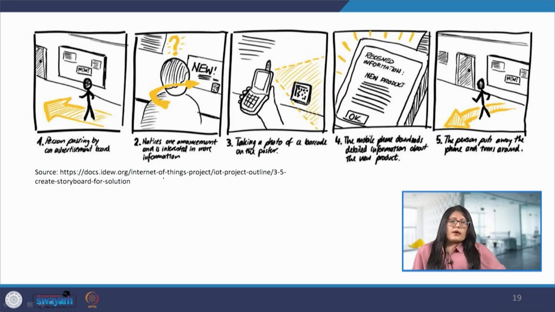So, here in this example we can see how when technology is amalgamated with the user behavior, the user will not be required to stop and look at the poster for long, but now he can connect with it through the web and read it while he is carrying on with his life.